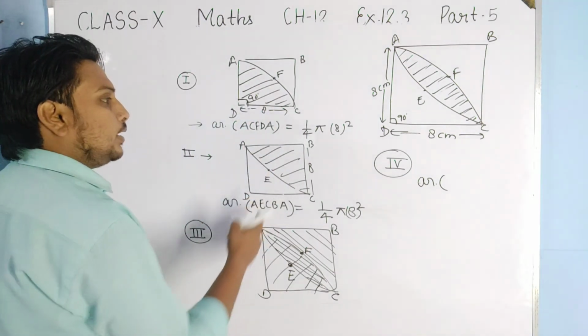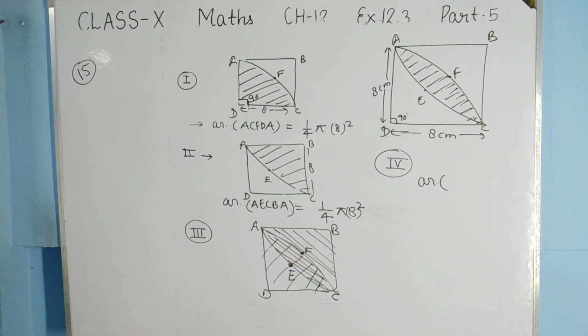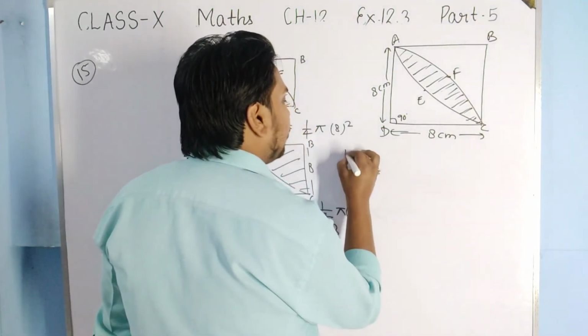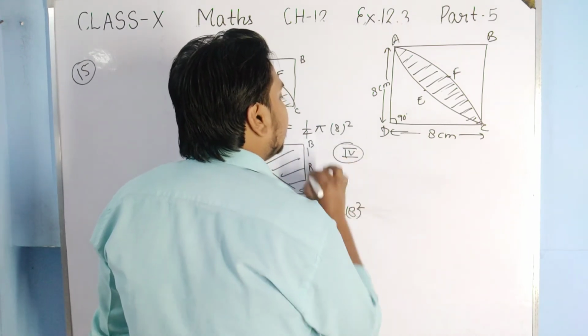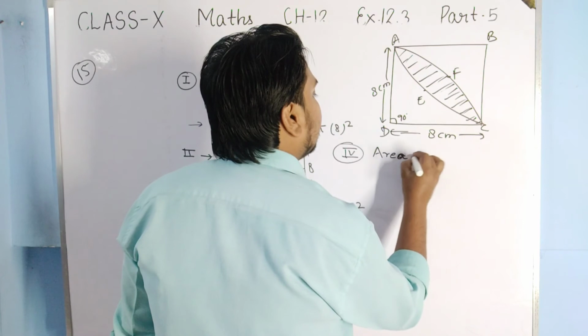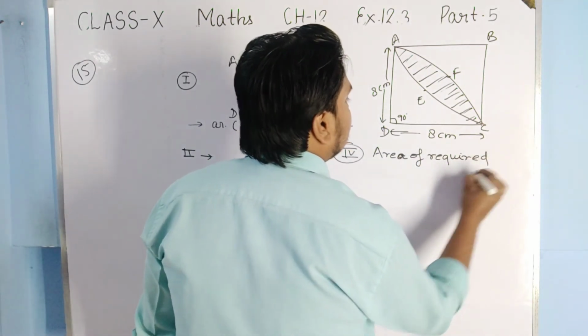In the fourth step you should write that the area of the required region, means the shaded region, is what?